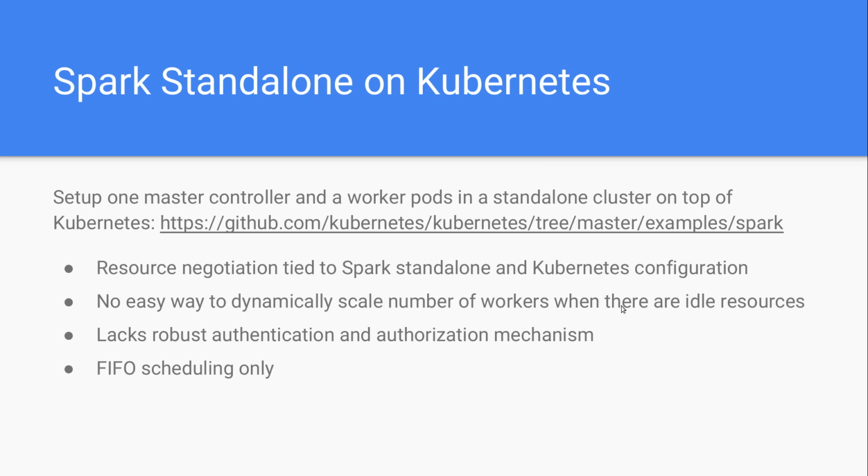So what about Spark Standalone on Kubernetes? We can set up one master controller and worker pods in a standalone cluster on top of Kubernetes, according to some manual, which is described here. We can provide resource negotiation.